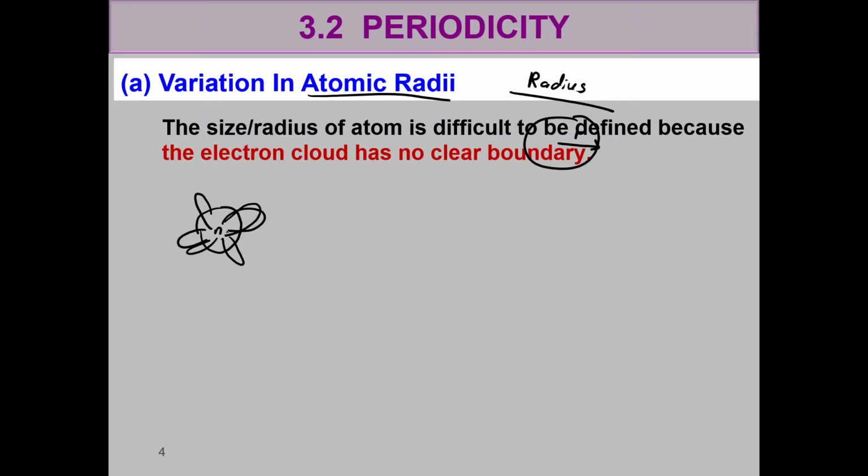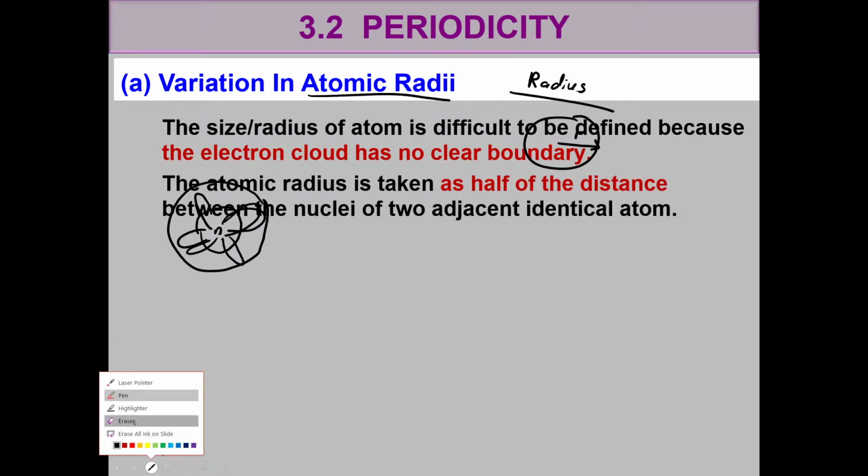So it's actually hard to define the circumference of the atom. There's no visible line where the electrons end, because it's imagined like a smoke of electrons, a cloud of electrons where you don't really see the edge.